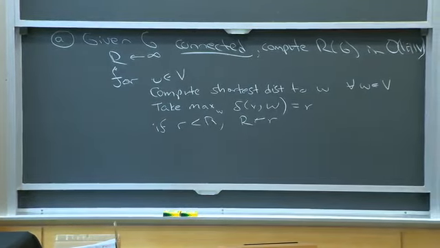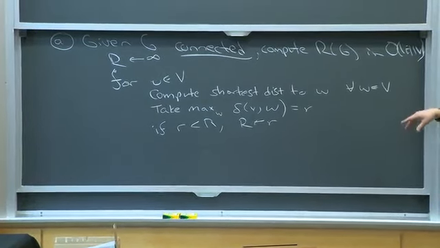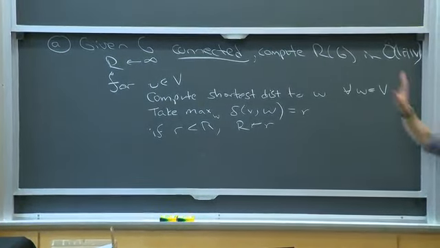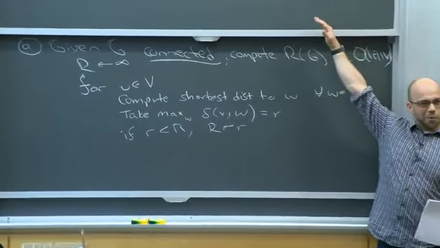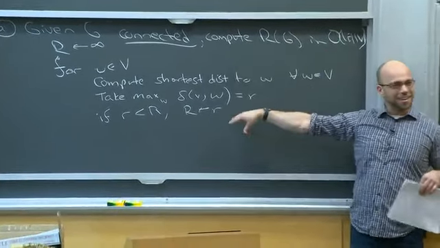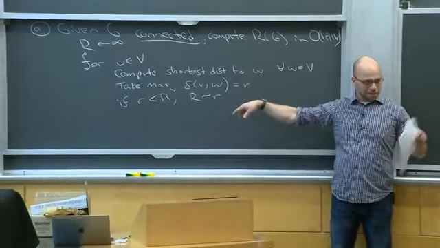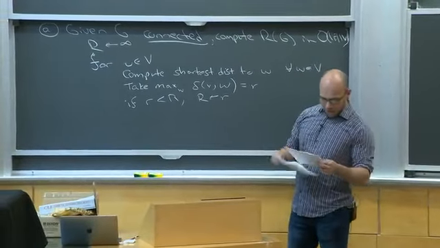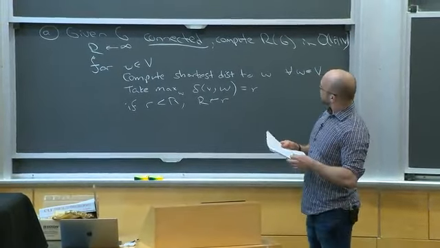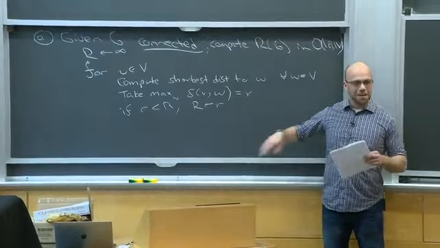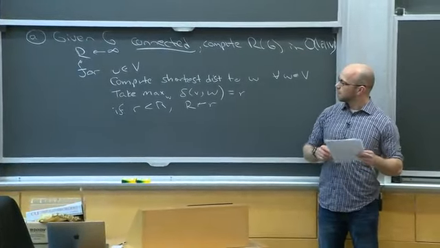And so if we think about it, I don't think it's terribly hard to prove that this algorithm is correct, because it's just taking our definition of what the radius of a graph is and translating it into a brain-dead algorithm. So I think really the challenge here is proving the runtime of this particular algorithm.